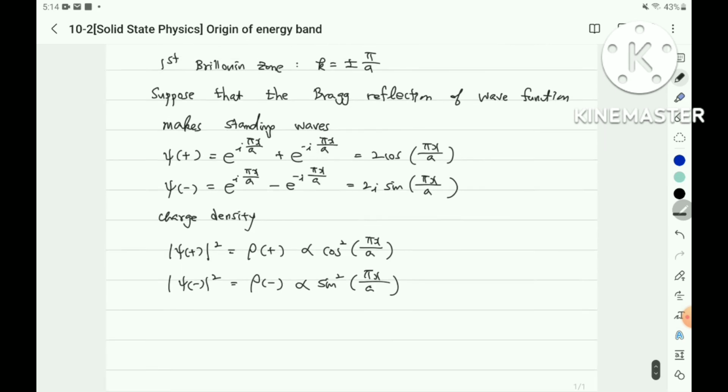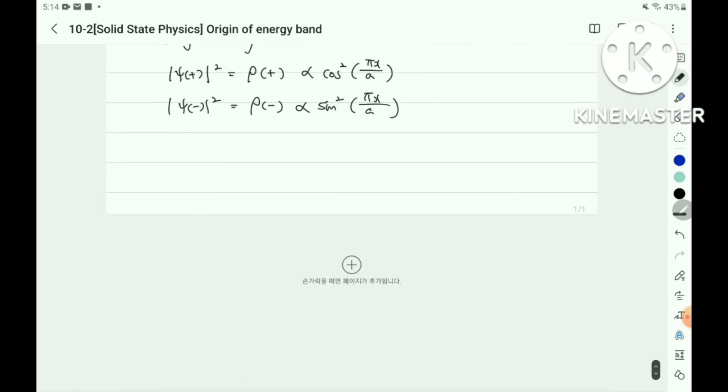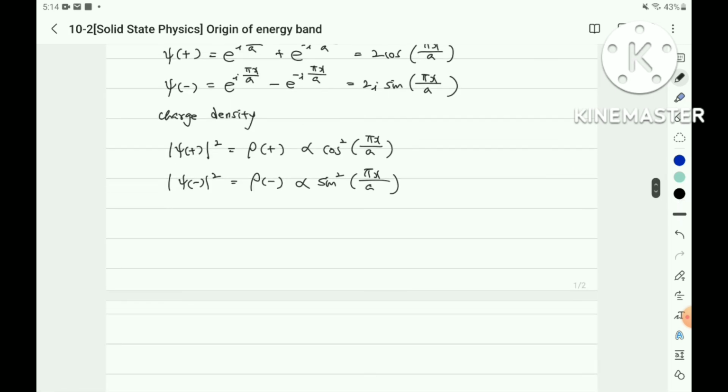Here we assume that the potential energy is cosine of 2 pi x over a. It is a periodic potential function, and the charge density can be represented like this.